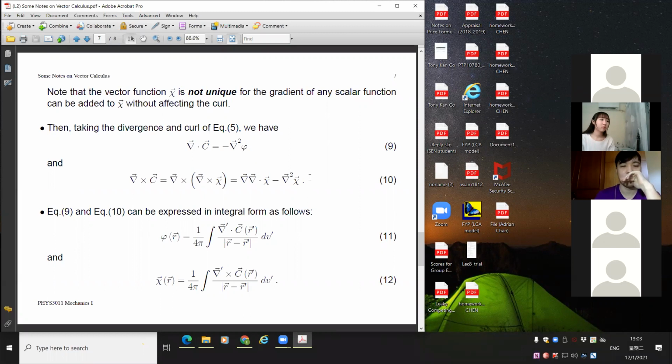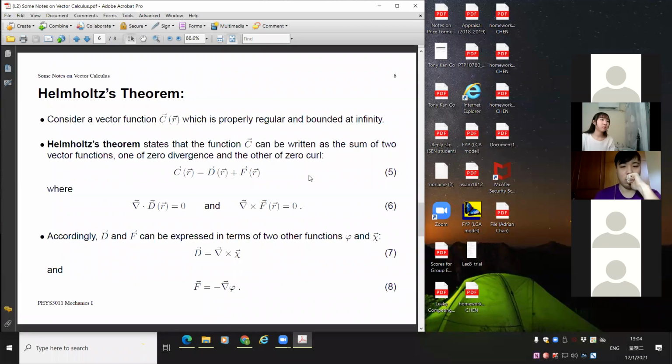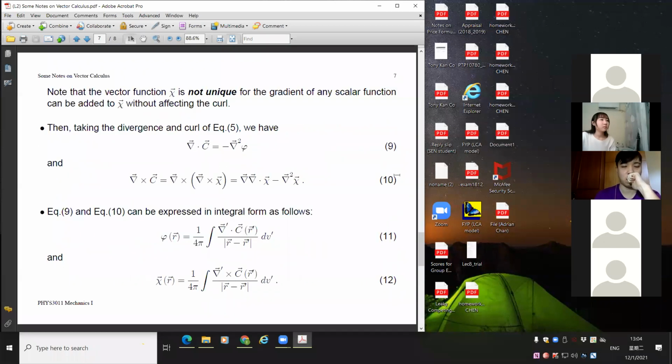Okay, so we take the divergence and curl of equation 5 separately, curl and divergence of C. Divergence of C will give you minus del square phi. The curl of C will give you this, equation 10, all right? Now, what is the solution for equation 9?